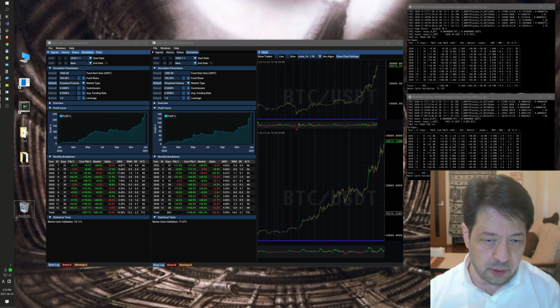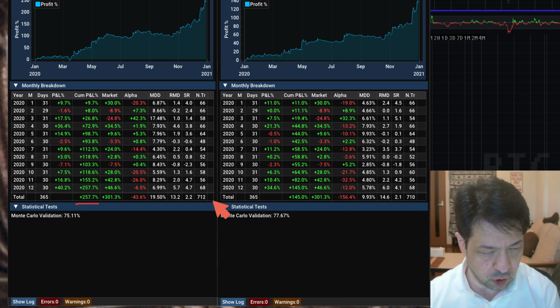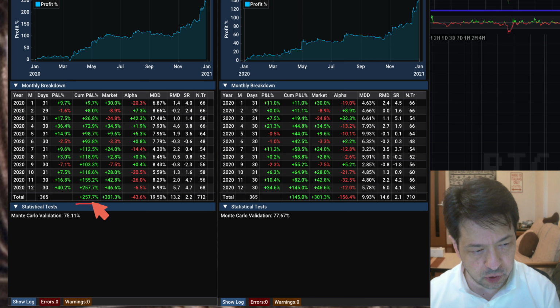This is a fairly recent algorithm. It's not necessarily reflective of the year 2020, which I'm showing, but this algorithm in this case would have produced 257% with a close to 20% drawdown, which is generally acceptable.